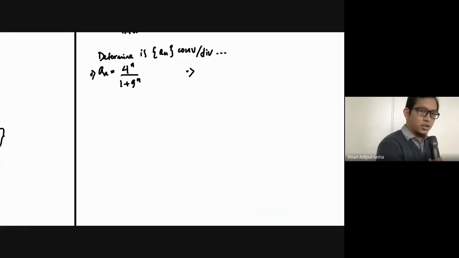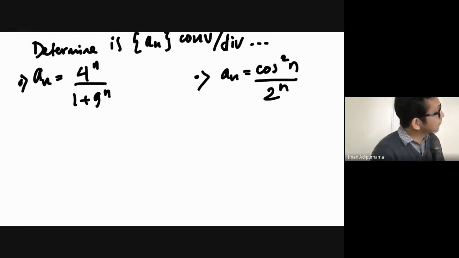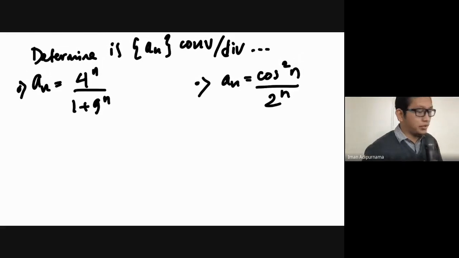The second one is a_n equals cos squared n over 2n. Okay, 2 questions.